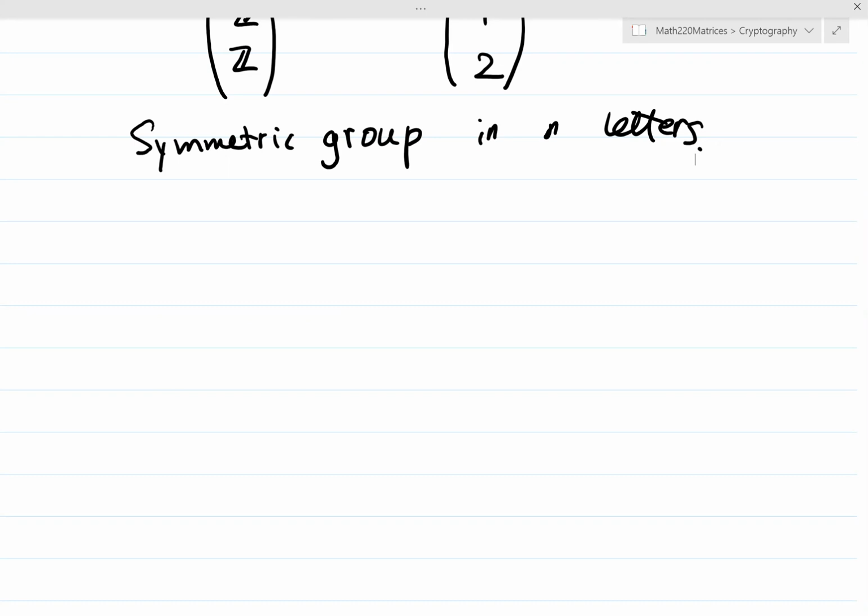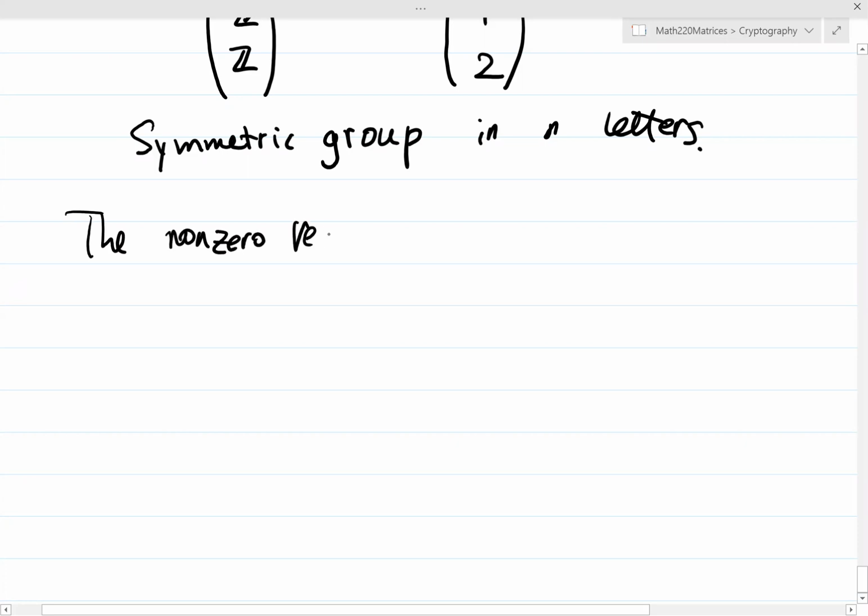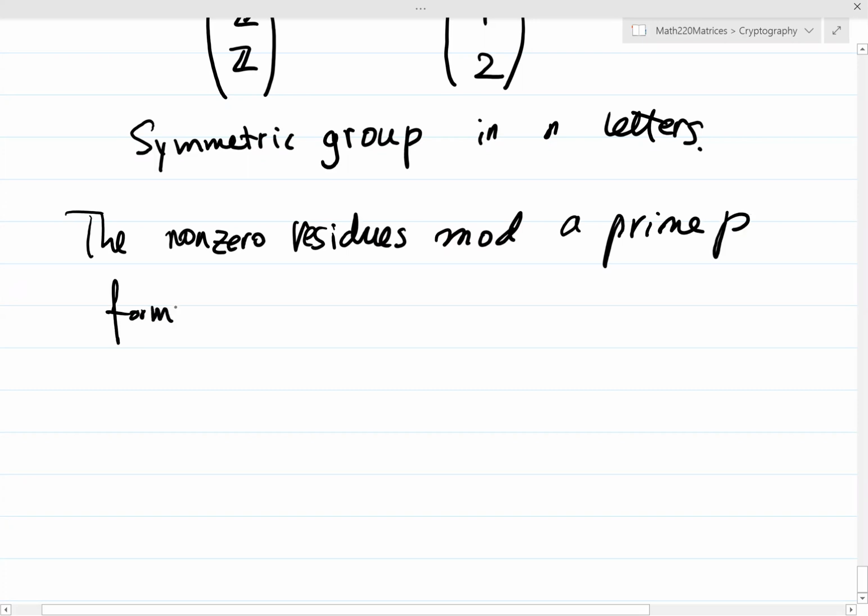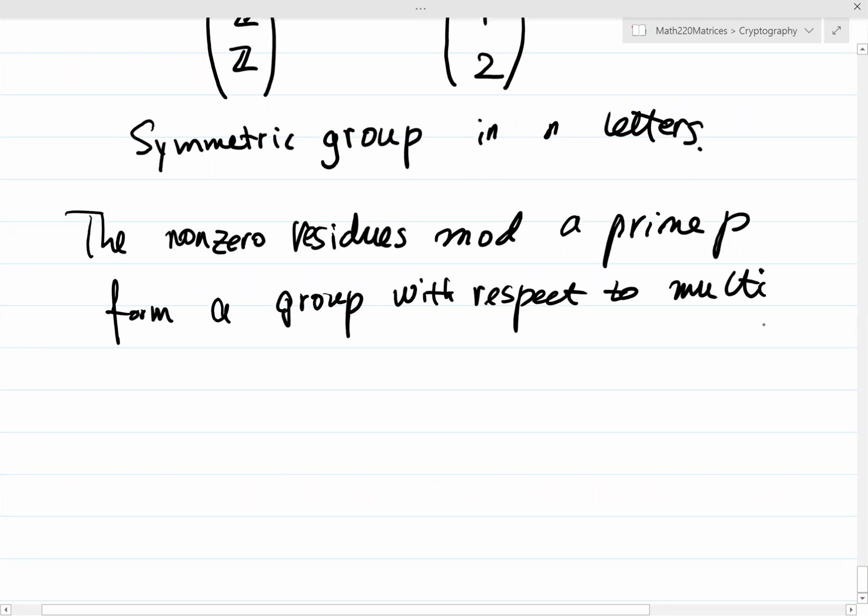Let's talk about this example. The non-zero residues modulo a prime P form a group with respect to multiplication.